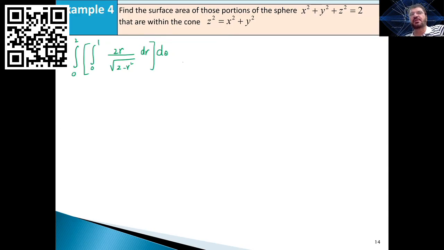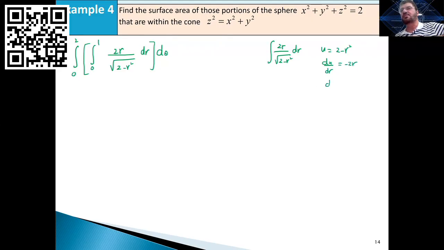Now, how do you integrate this one, guys? I need to integrate 2r over square root of 2 minus r squared dr. How do we do that? Let u be 2 minus r squared, the inside. So what's du over dr equal to? It's negative 2r, isn't it?